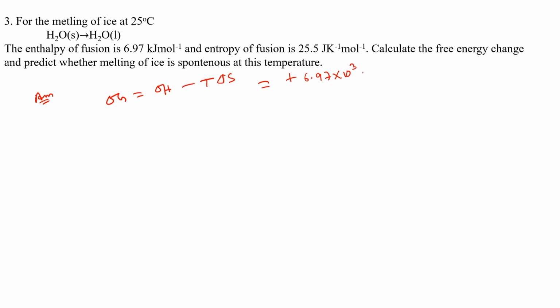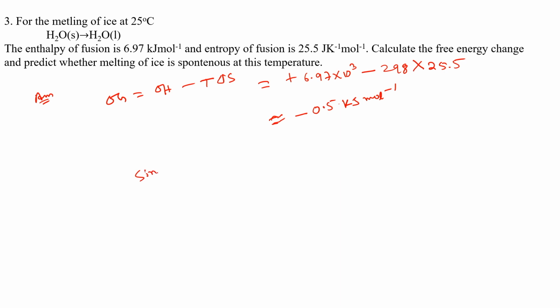In joule units, minus T, which is 298 K, and then delta S is 25.5. If you calculate this, you get roughly minus 0.5, approximately 0.5 kilojoule per mole.